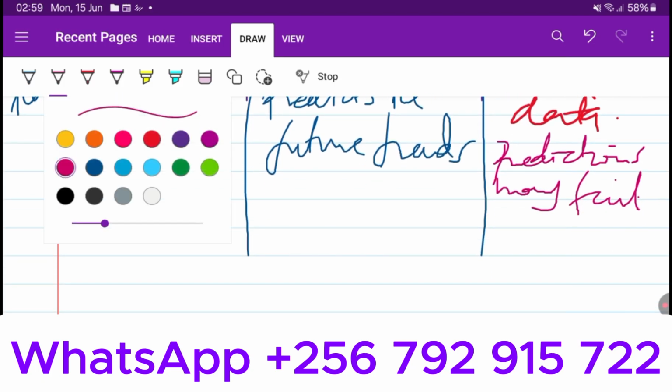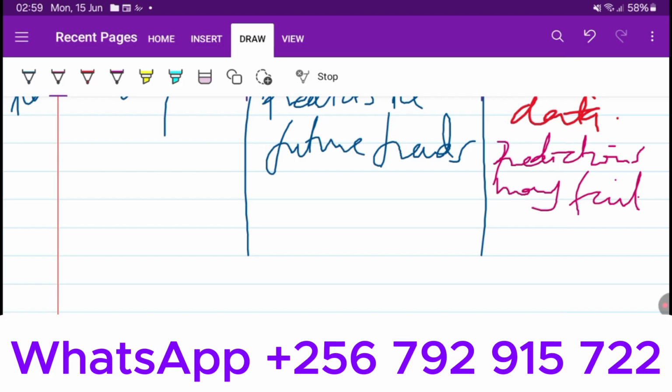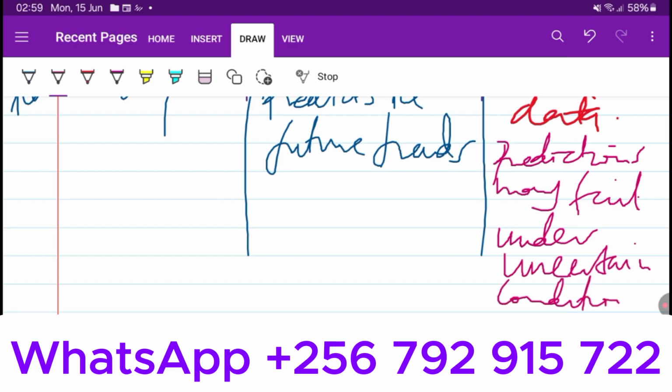It's not always certain that these predictions are actually going to happen. So they may fail under uncertain conditions.